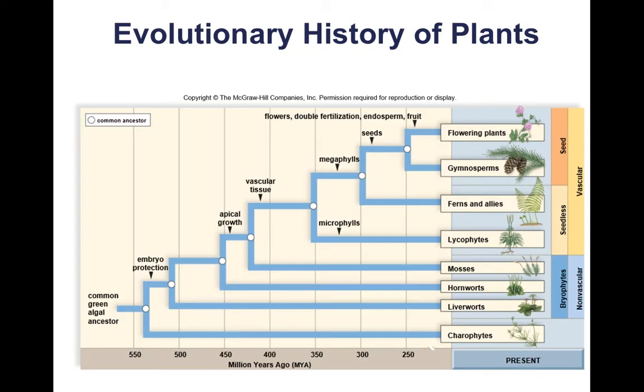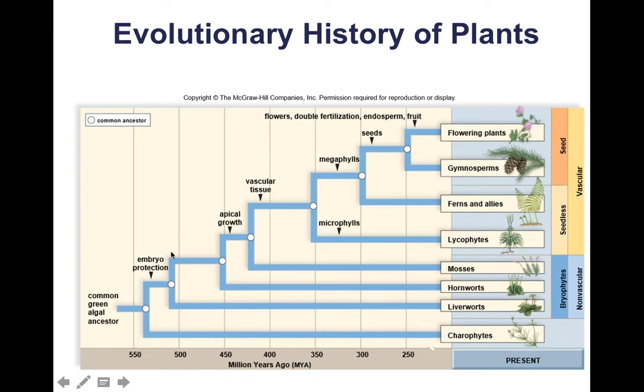So this is the evolutionary history of plants, summarized in a phylogenetic tree. And when I say monophyletic group, what I mean is the monophyletic group consists of a common ancestor and all its descendants, okay?